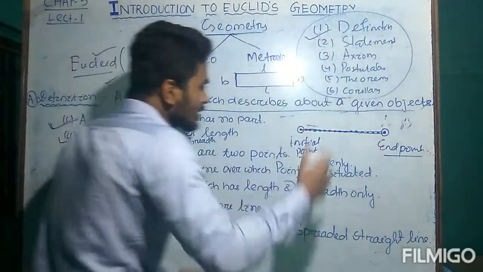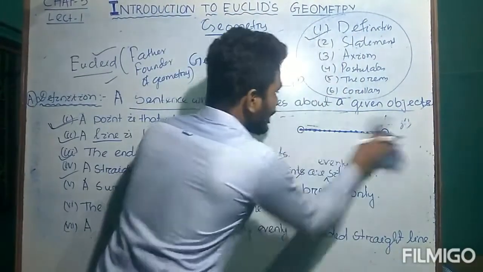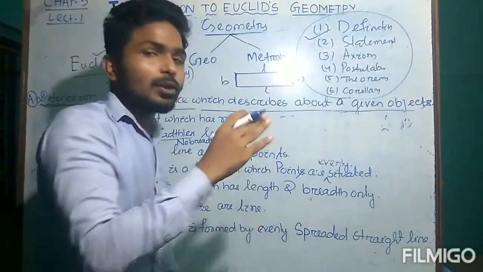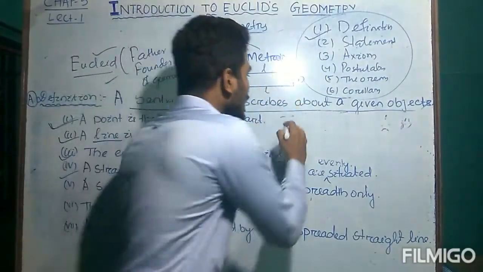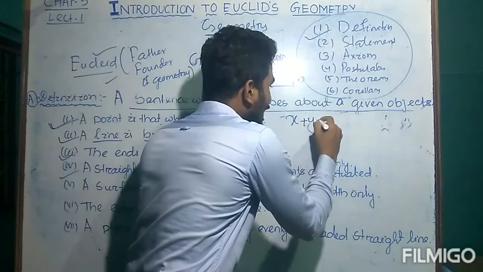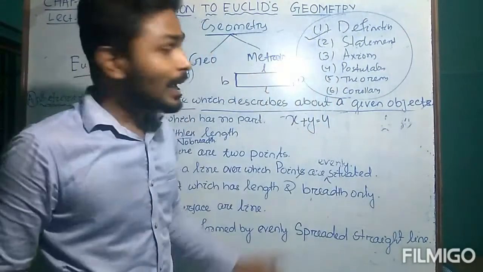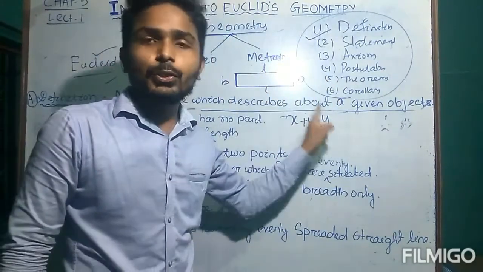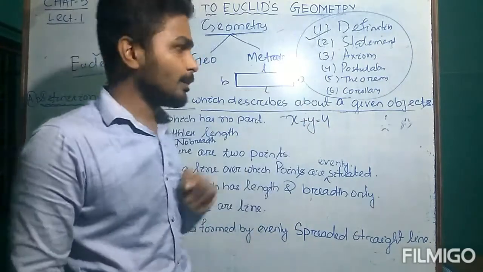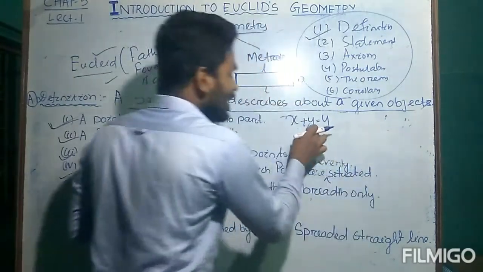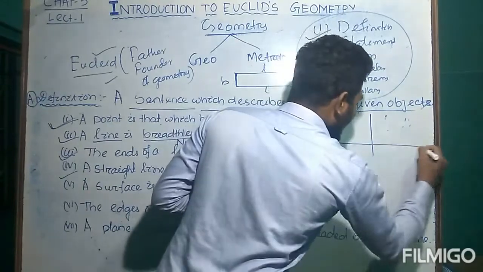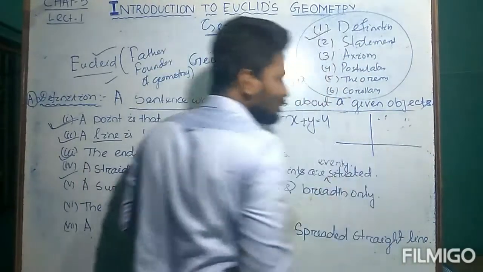Conversely, you can understand it. See, in chapter 4 we discussed that a linear equation in 2 variables like x plus y is equal to 4 can be represented in geometrical or graphical form. How? The graphical representation of this linear equation is a straight line.